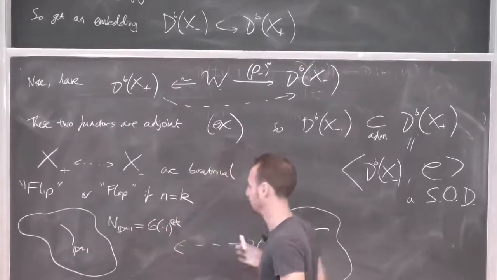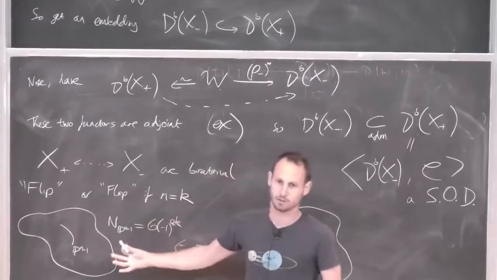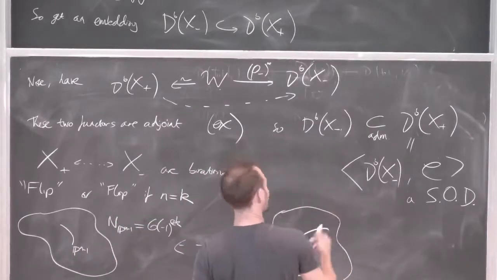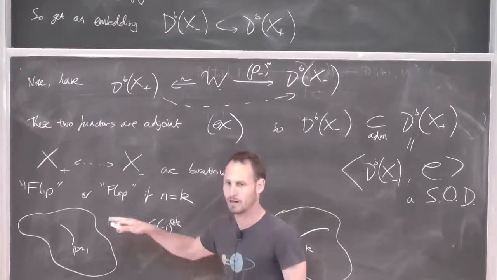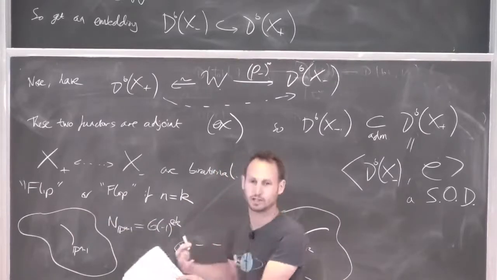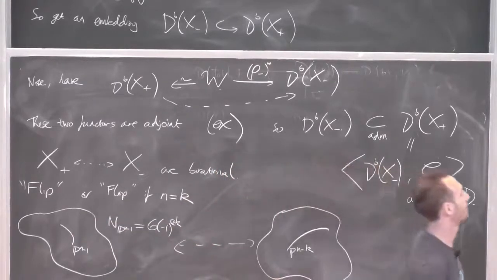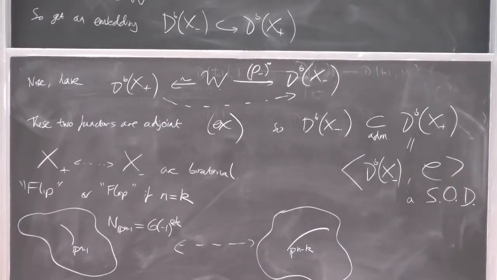If you're doing a flop, it's true that locally the canonical bundle is trivial, but maybe globally the canonical bundles are not trivial. So maybe what you really want to say is not that they're both Calabi-Yau, but that their canonical bundle is locally not changing. And that has a precise definition. It's called K-equivalence. That's Kawamata's terminology.